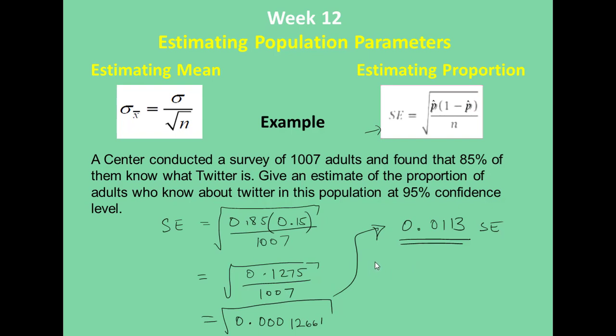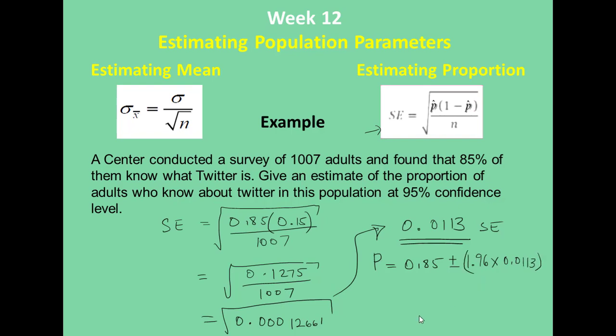And now find the estimate for the population parameter. So p, the estimate for the population parameter, is equal to the proportion p hat, 0.85, plus or minus the multiplier, which we said is 1.96, times the standard error of proportion, which is 0.0113.